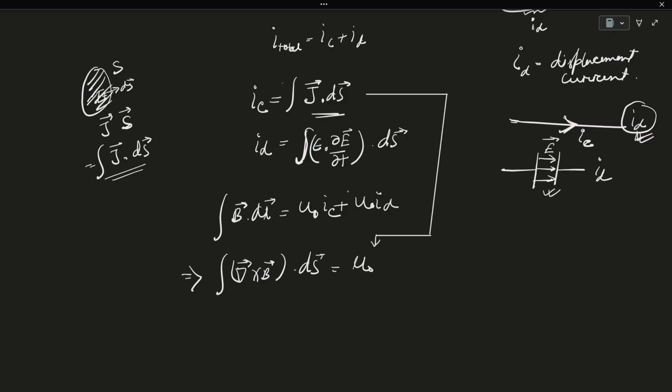So what we'll get: I_C will be equal to the integral of J dot ds, plus mu naught times I_D, epsilon del E by del t dot ds, right?